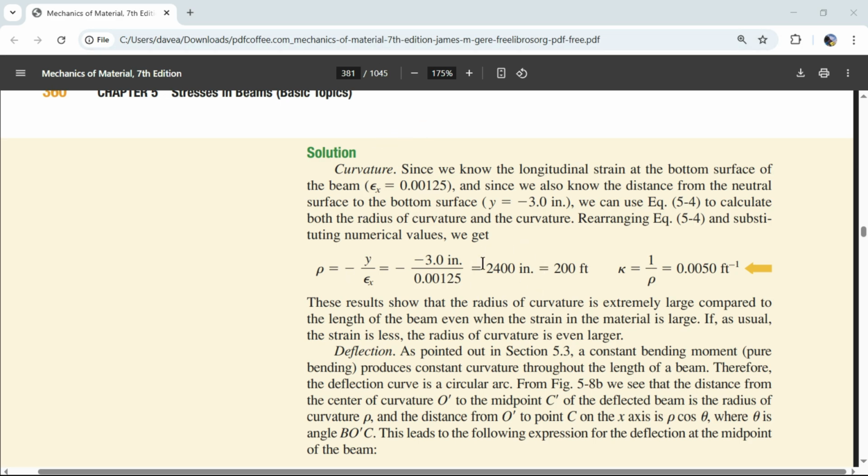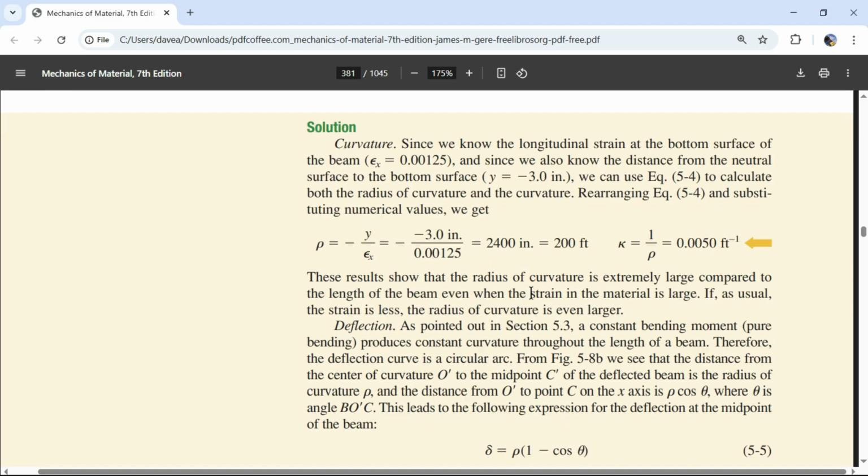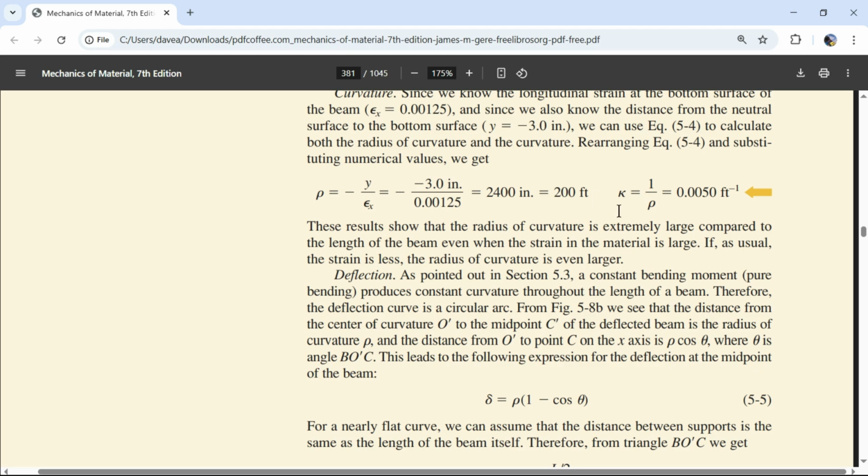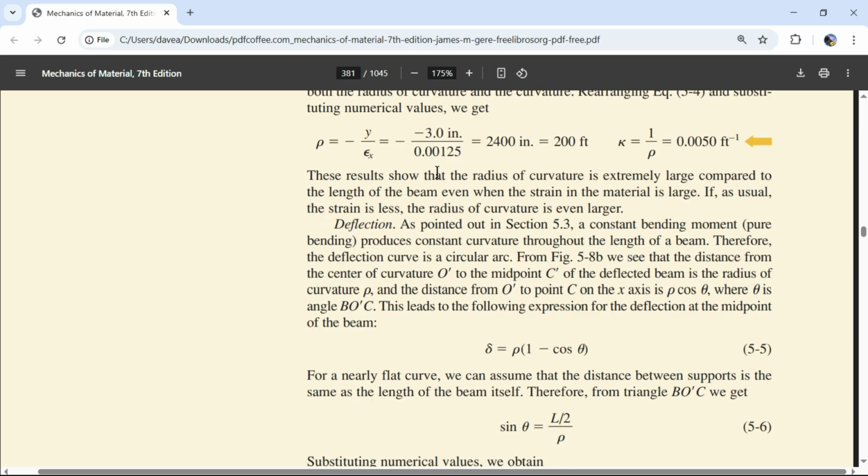And so here's our radius, 2,400 inches. And I guess they switch right back to feet, and I guess that's fine. You can find a value and then switch it to feet if you want to. But just know that if you're working through mechanics of materials problems in U.S. customary, you want to be in inches and pounds until you get an answer, and then you can switch it.